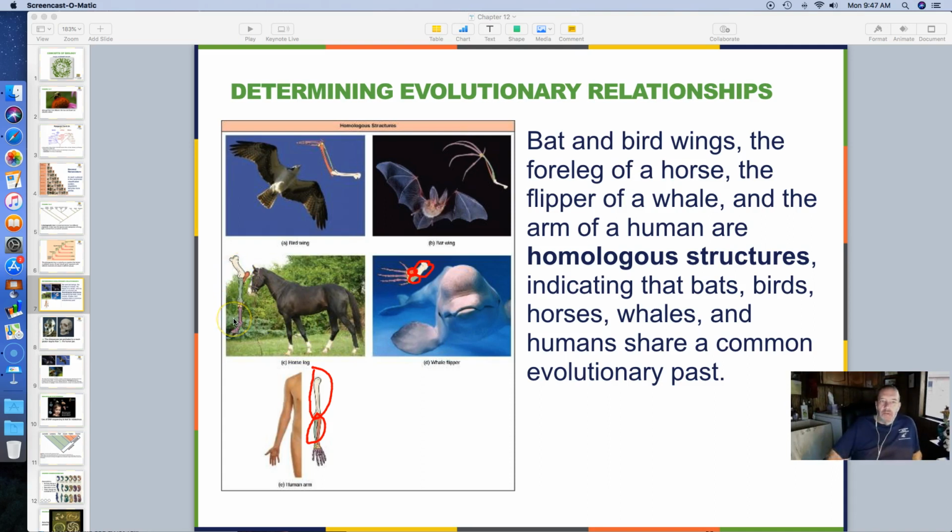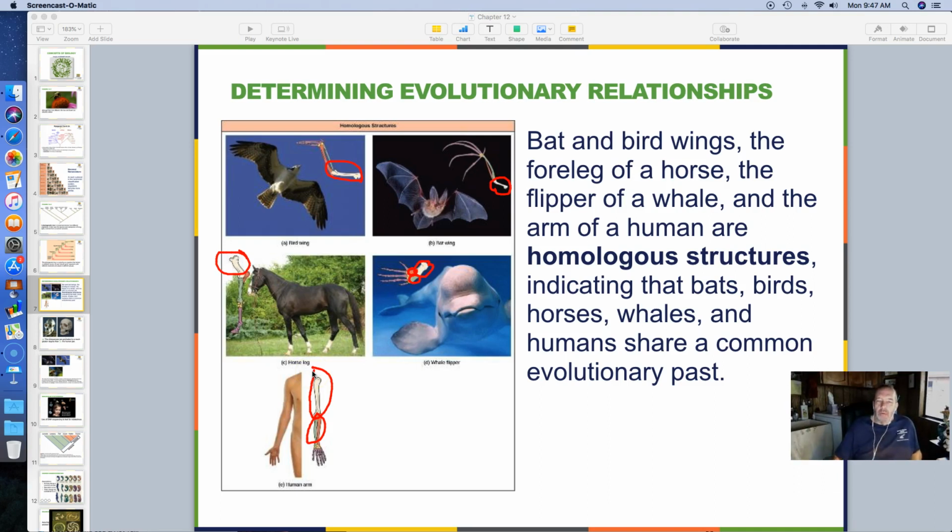The horse evolved the same bones to, again, serve a different purpose. A four-legged animal that runs doesn't need fingers. It evolved a hoof to support it and allow it to run. Because we can still trace these bones to being similar, every one of these things, whether it's the bird, the bat, the whale, the horse, or the human, all have a bone called a humerus.